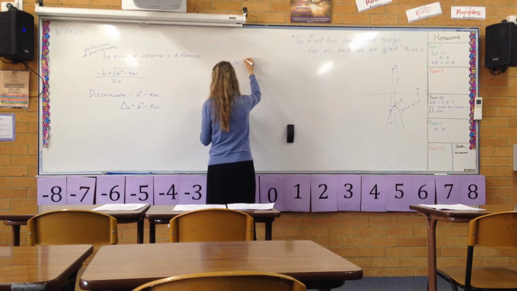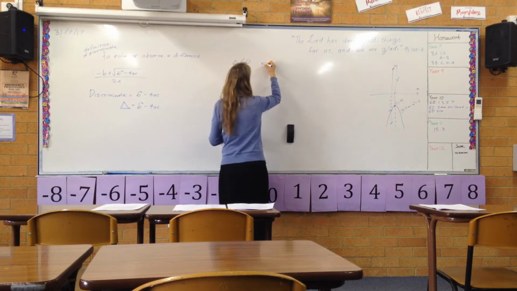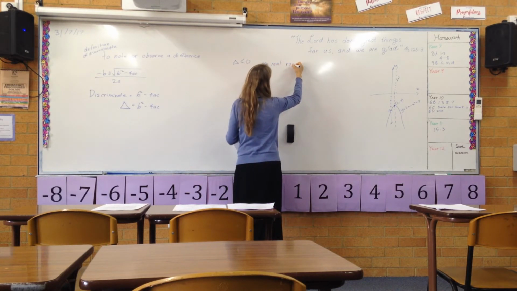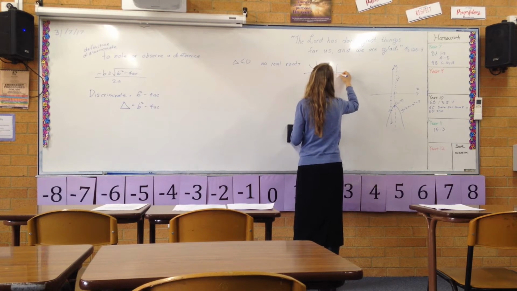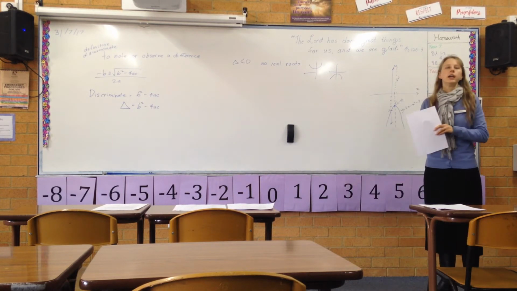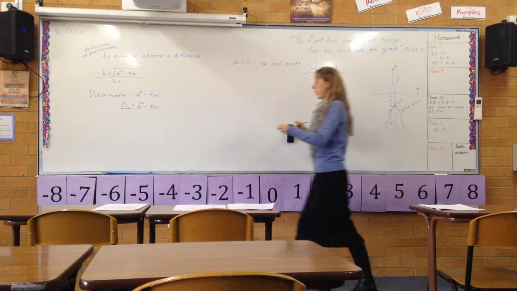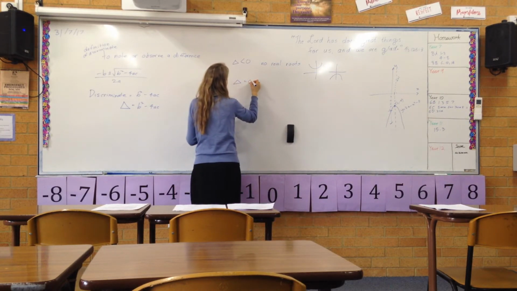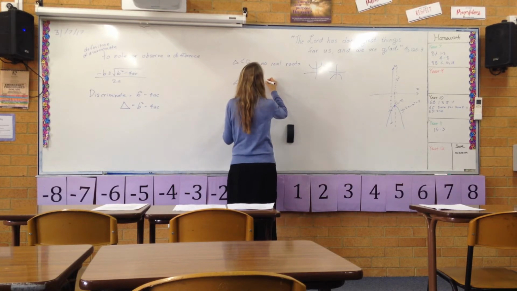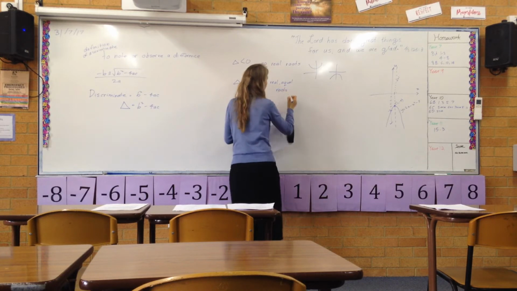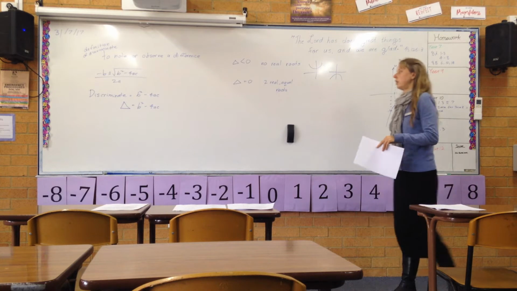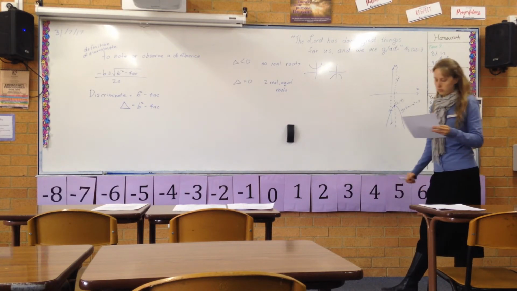So if delta, which is our discriminant, is less than 0, we know that there are no real roots, and hence the graph looks like that, or it looks like that. In other words, it doesn't cross the x-axis. Okay, if delta equals 0, there are 2 real but equal roots, which is the same as saying really just one root because they are equal.